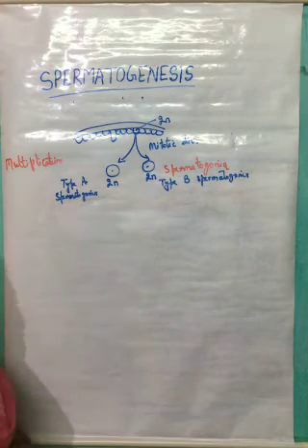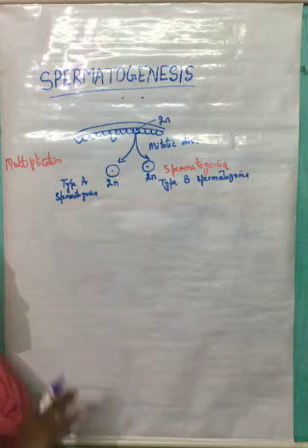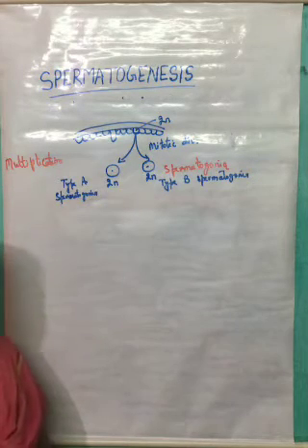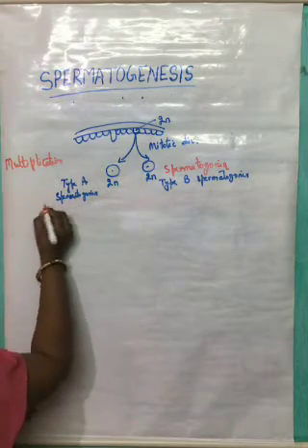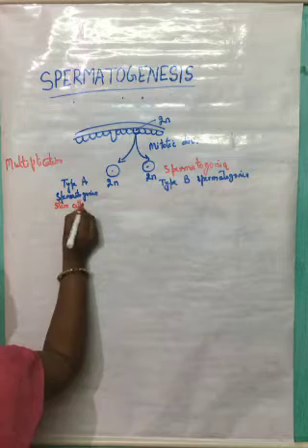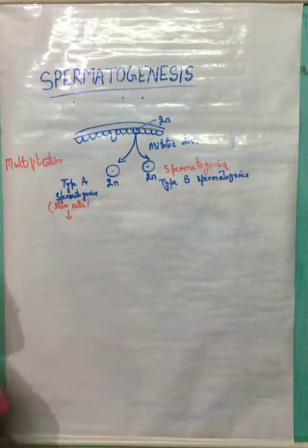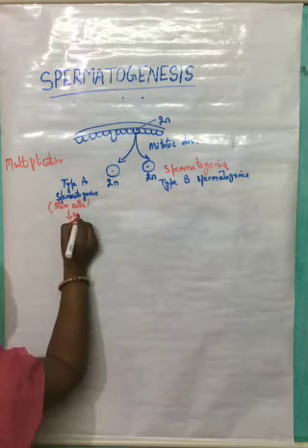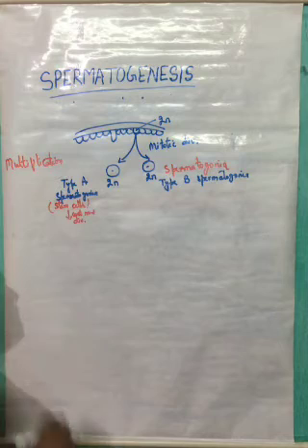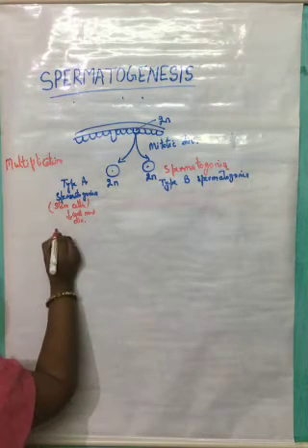Type A spermatogonial cells are those which will act like stem cells. So they will behave like stem cells, and these cells will continuously divide and lead to the formation of so many spermatogonia.